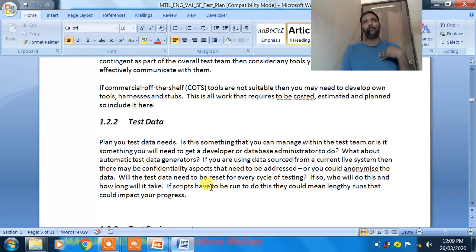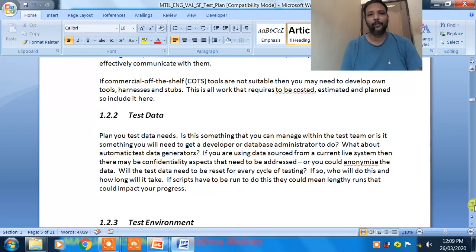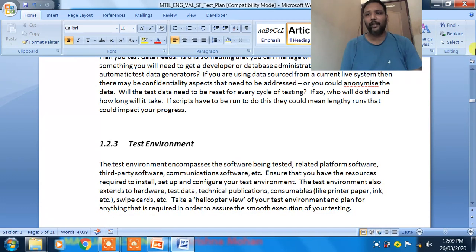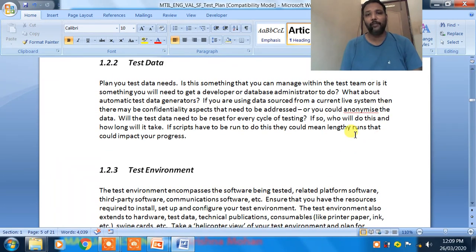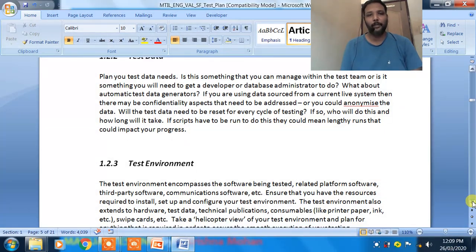If it is a normal regular project, then test engineers will be preparing the test data. Then here we have to mention how you are going to prepare the test data, from where you are getting it, from which document, all those things. And the need for the test data, what things we require, that also has to be mentioned over here.